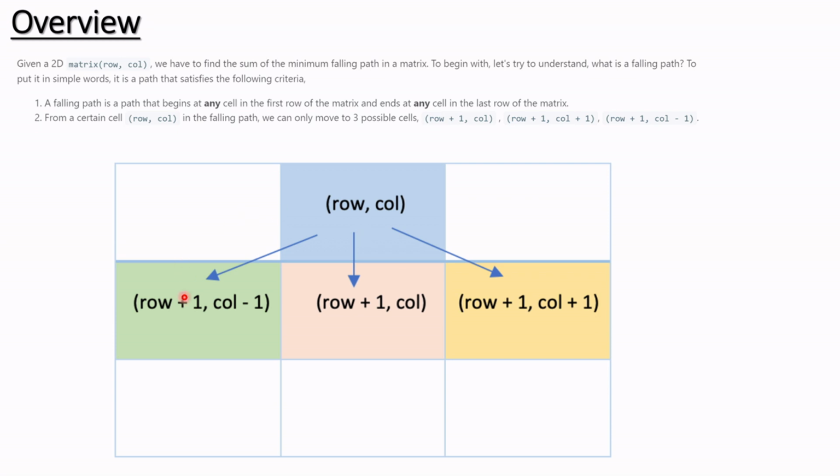If the matrix is bigger, there is a possibility of another column on the left or right side, but he can go only to these possible cells: row plus 1 column, row plus 1 column minus 1, or row plus 1 column plus 1, left, right, or straight down, right? I think you have understood very well.